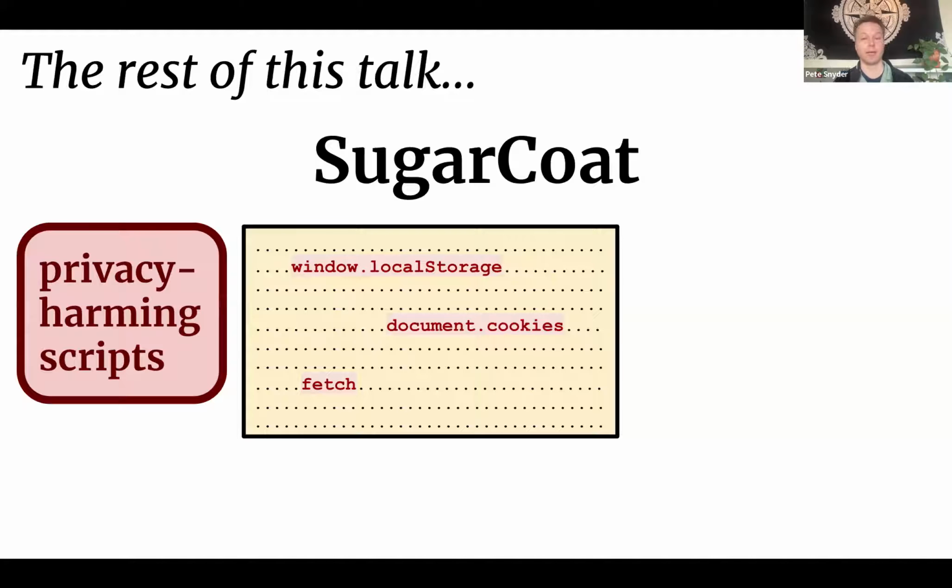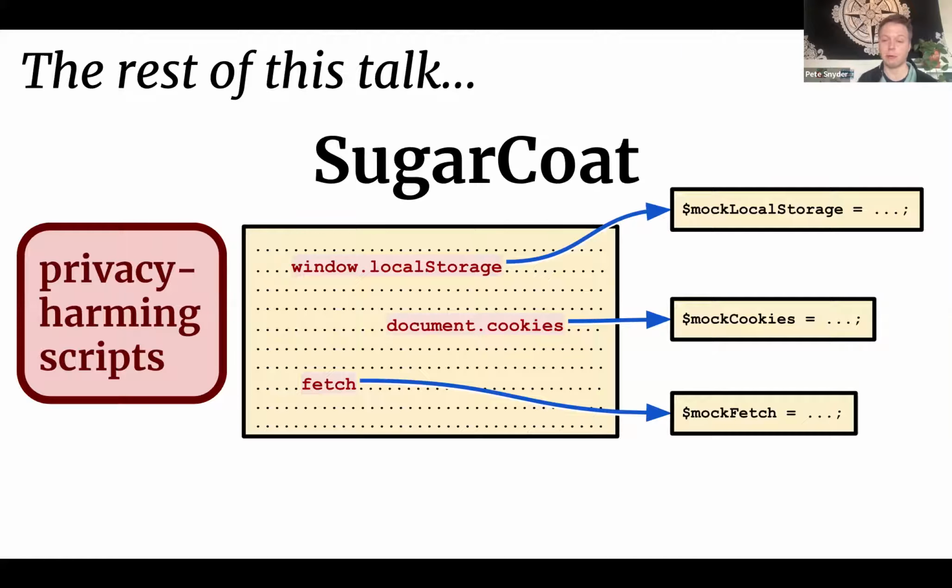We just have to find the APIs the browser provides that allow code to break out of the V8 sandbox and interact with the outside world. Once we find those, we can rewrite the code to replace them with privacy preserving alternatives that effectively no op.